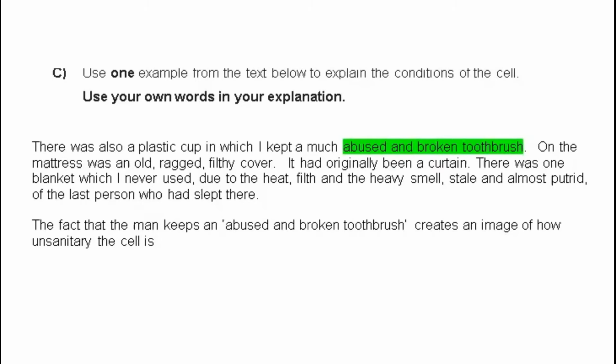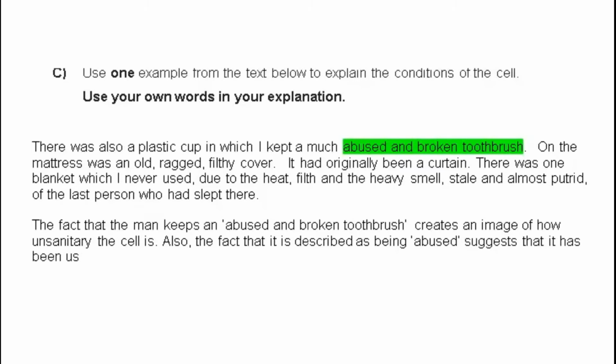It is a really interesting paper. Let's put also the fact that it is described as being abused suggests that it has been used by many people for, let's put, over a long period of time.